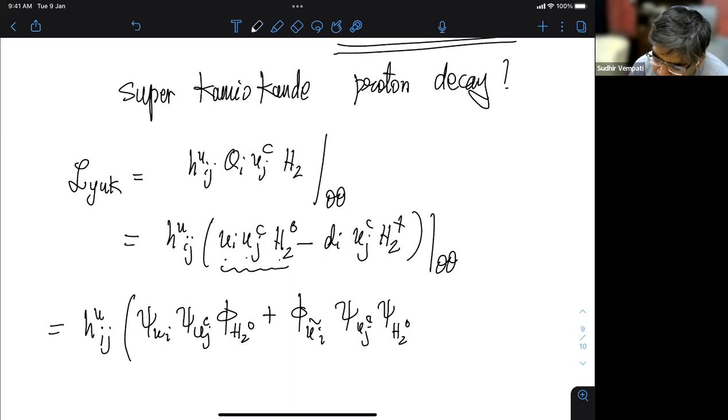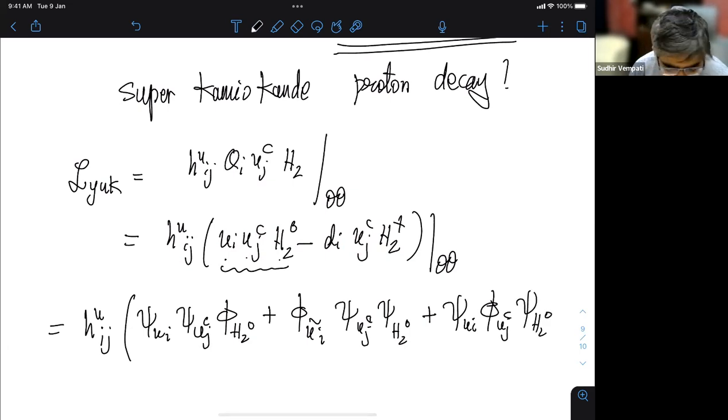So let's write them down. So now I take psi_ui, phi_ujc. Okay, phi is a scalar essentially, psi_H2^0.